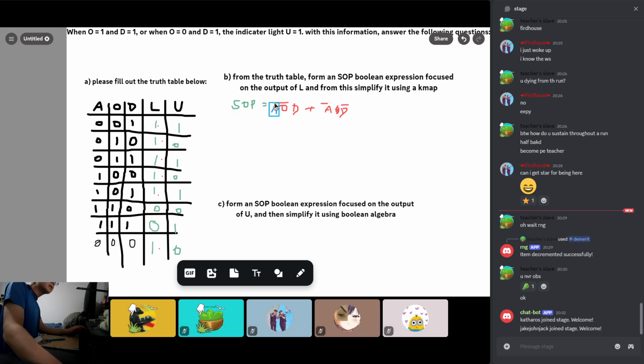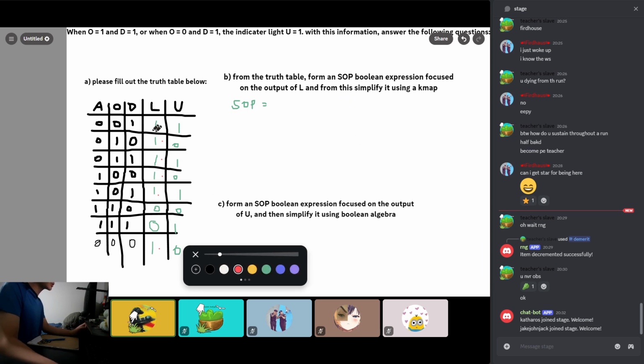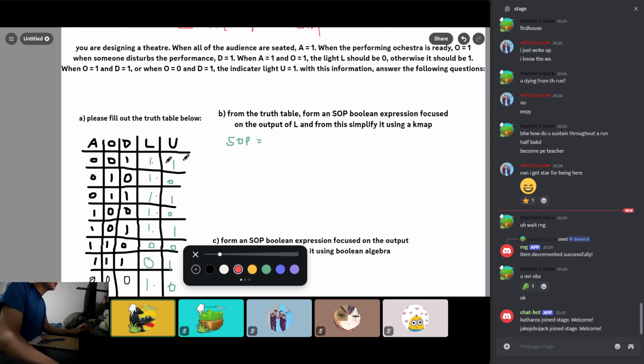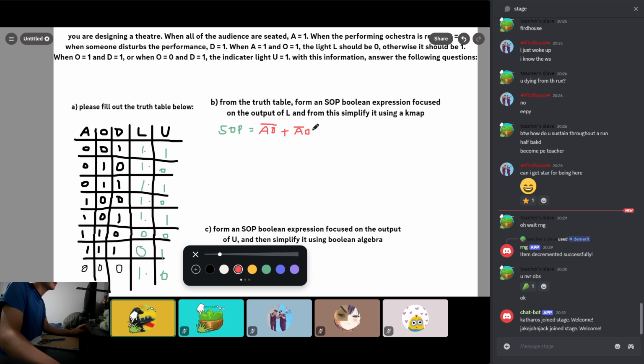If you wrote your SOP expression without the D, then tell me so I can give you a star, because I don't think most of you will catch this. I just don't think y'all will see this.